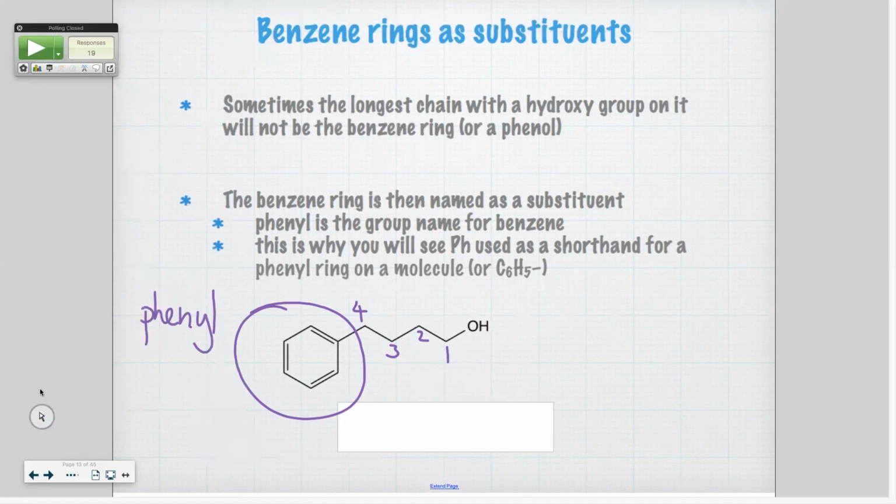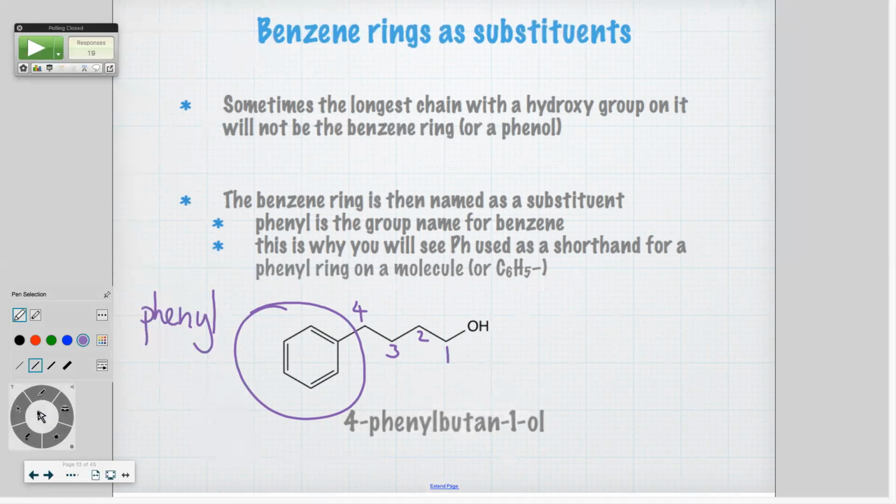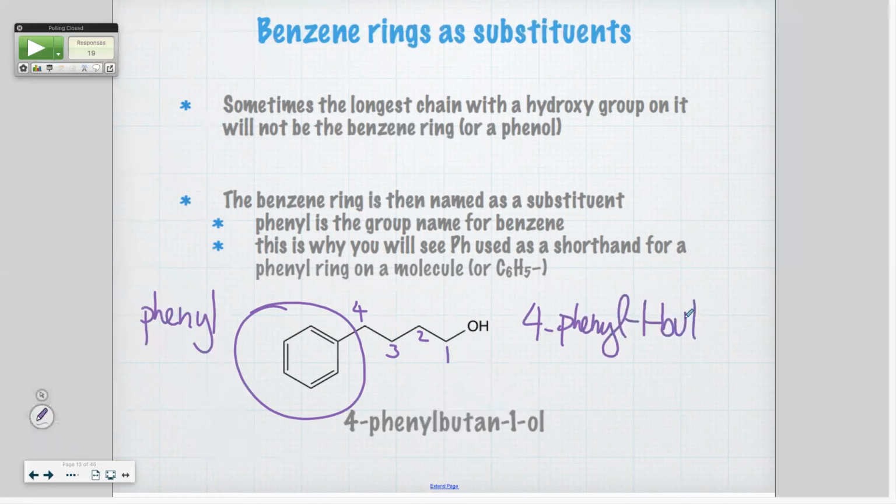Now you can have 4-phenylbutanol. Okay, you can have either one. I'll write the other one too. So you guys have it. 4-phenyl-1-butanol.